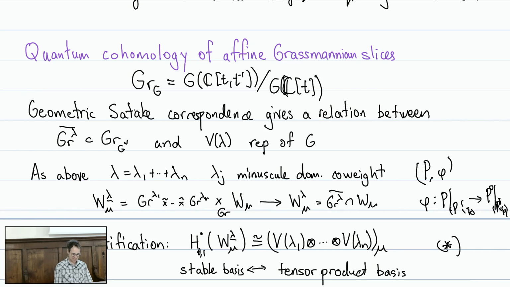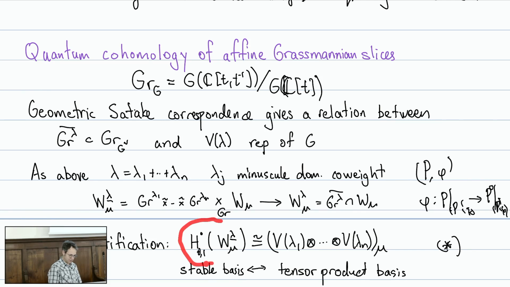It is compatible in some sense with geometric Satake. But the way it works is the right-hand side has a natural basis. Each one of these representations is minuscule, which means they have a well-defined weight basis because all the weight spaces are one-dimensional. So together we can form the tensor product basis.